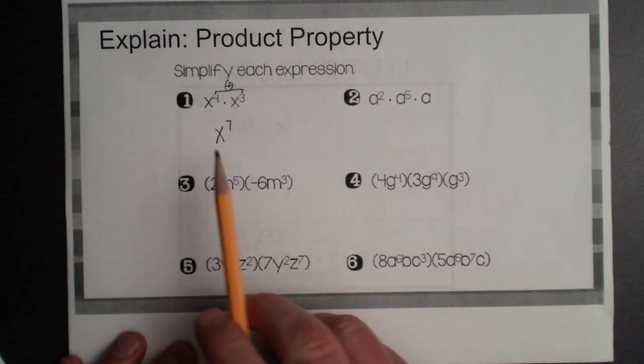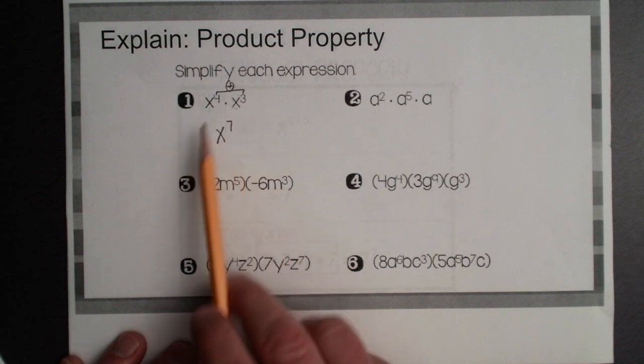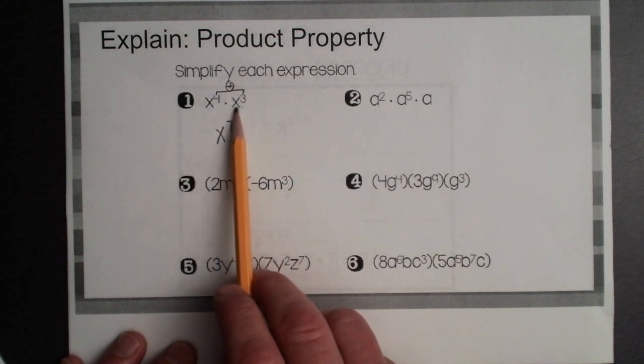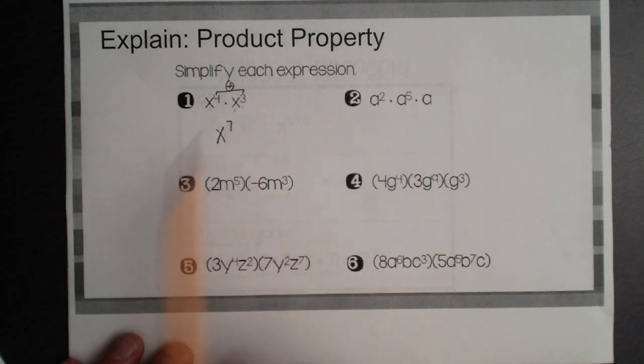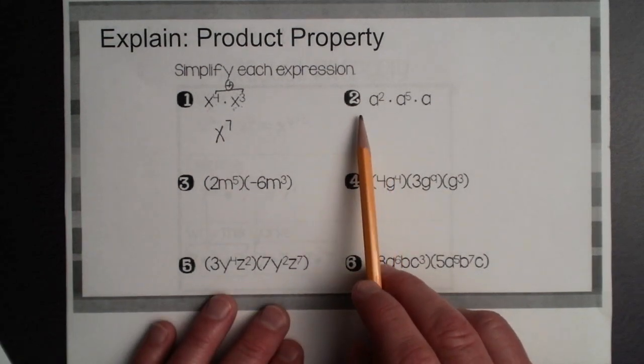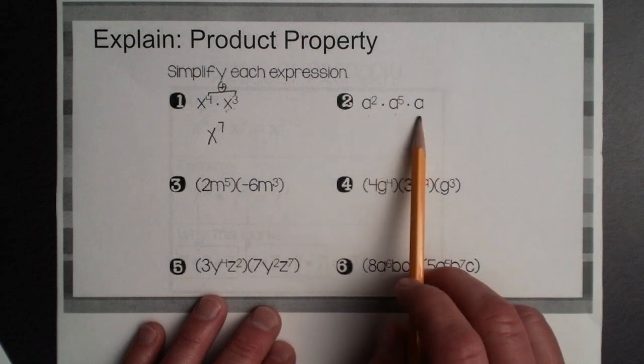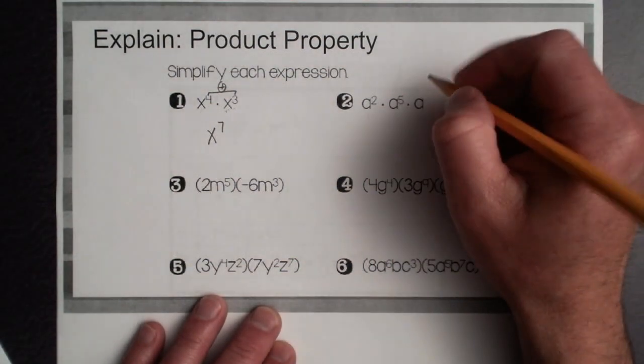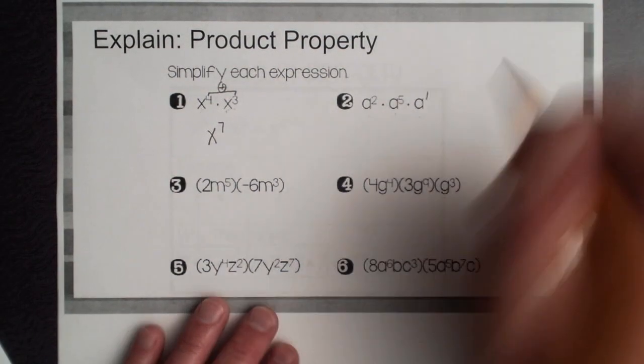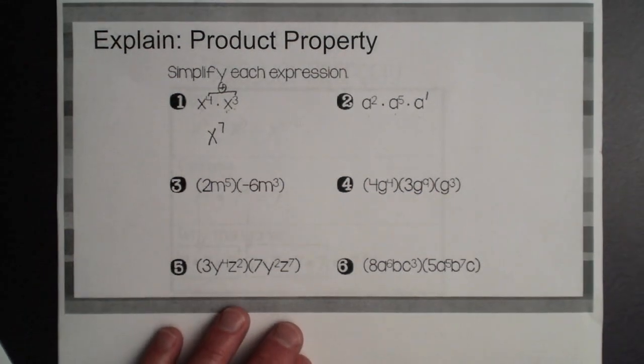The base stayed the same, and the base is the number or the variable next to the exponent. Let's go to example 2. We've got a to the 2nd times a to the 5th times a. Now notice this a means a to the 1st, but we usually don't put it there. It's usually just implied.